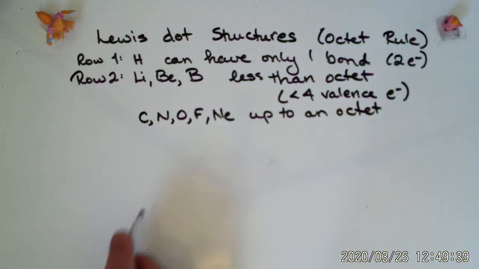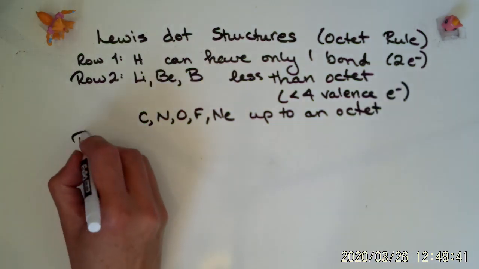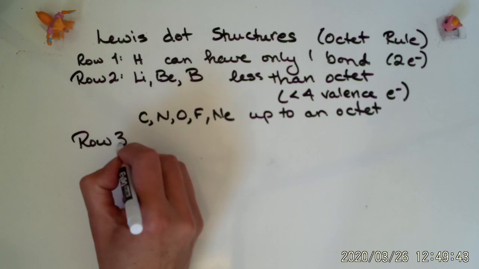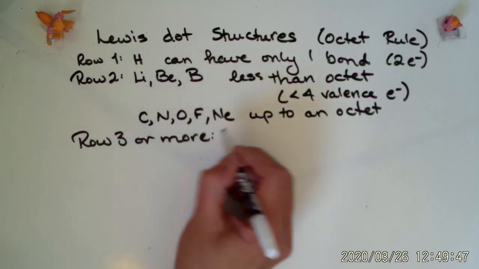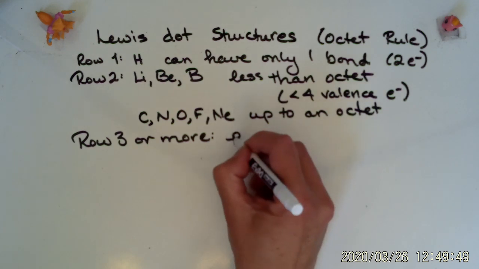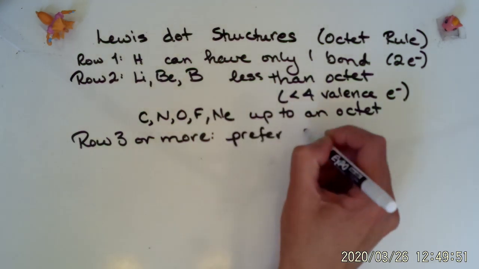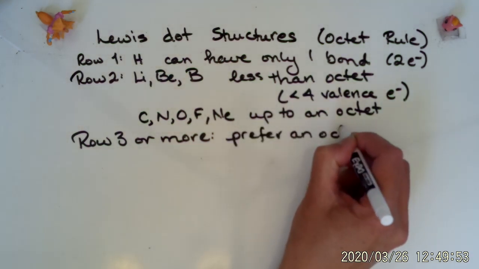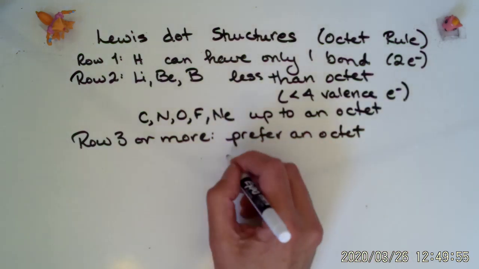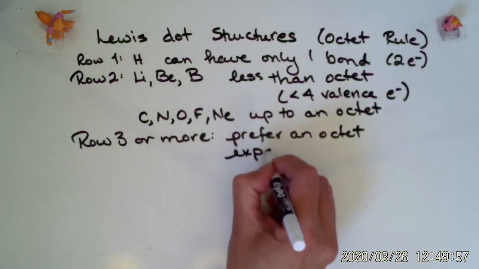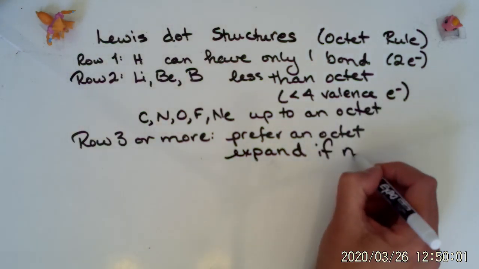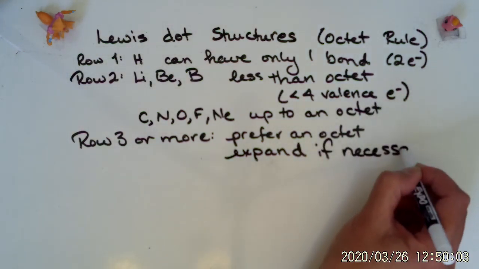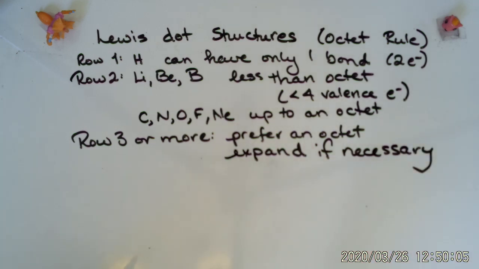Okay? When we get to row 3 or more, then they prefer an octet. But you can expand if necessary. Okay?